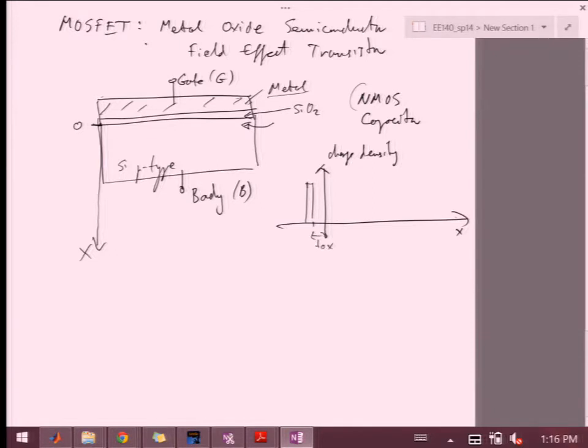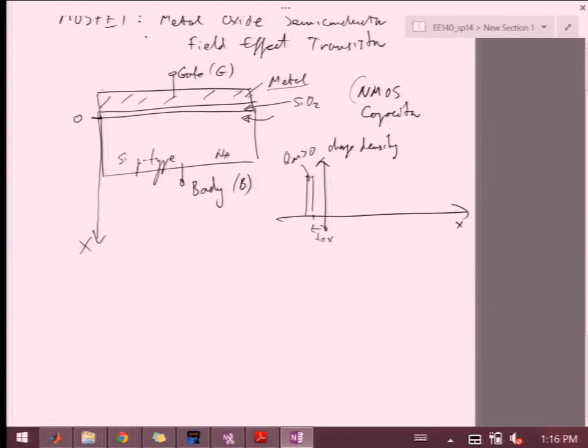And I'll label that as QM. It's greater than 0. And then what is going to start happening on the p-type side is, since it's p-type, I have a lot of acceptors. So these acceptors are going to grab an electron that's floating around, and they're going to create these ions. They're negative. They're sitting right here.